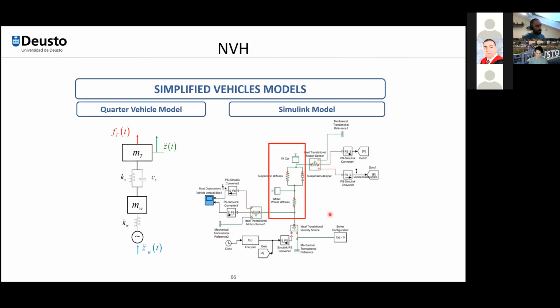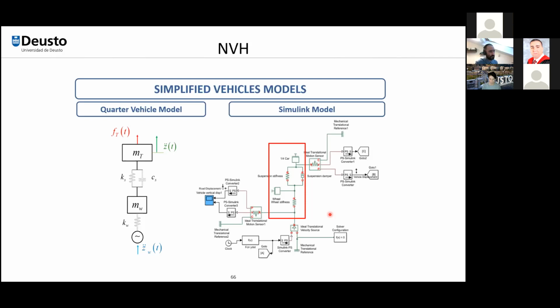So how can the test driver detect whether there is vibration in the car, and how can he measure it in IPS, inch per second, or in any other way, and how is he going to tune such vibration? Which component is going to be replaced, based on the feeling of the human body, or based on the frequency that he senses? This is actually what we need to do in the vehicle.